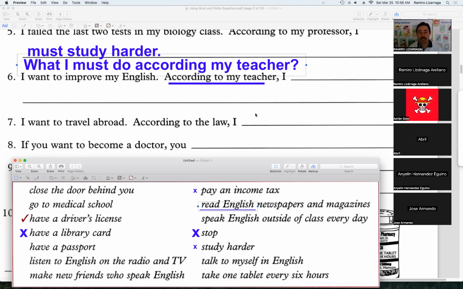Déjenme decirles, es muy complicado comprender. Usan, no sé, como que lo hacen adrede, yo creo, como que es la meta de ellos de vamos a escribir aquí un reportaje y vamos a usar las palabras que nadie comprenda. Yo creo que solamente nosotros los nativos podemos comprender, créanmela. Y te quedas tú, ¿qué?